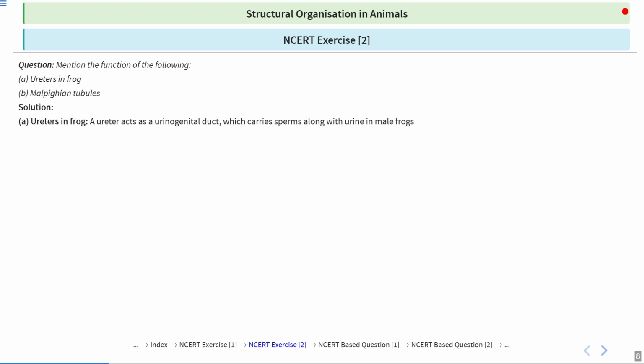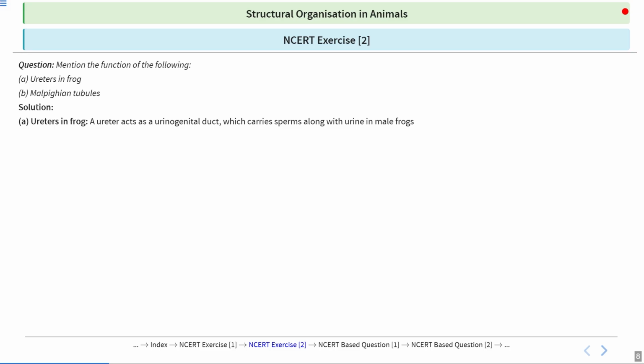Ureter acts as a urinogenital duct. The two terms join together to form this one, urinogenital duct. Duct means a tube-like structure that is a common passage. This duct is a common passage for the elimination of urine as well as sperm in the case of male, right? They carry sperm along with the urine. But both do not pass through this ureter at the same time.